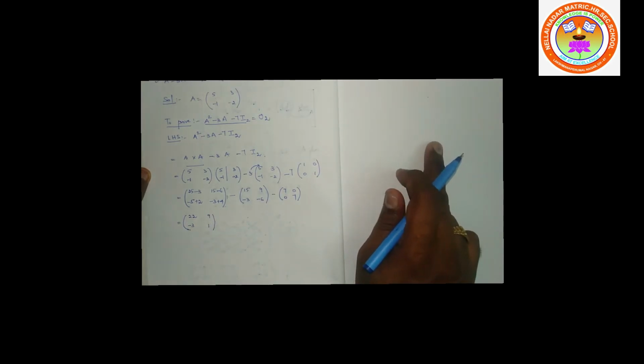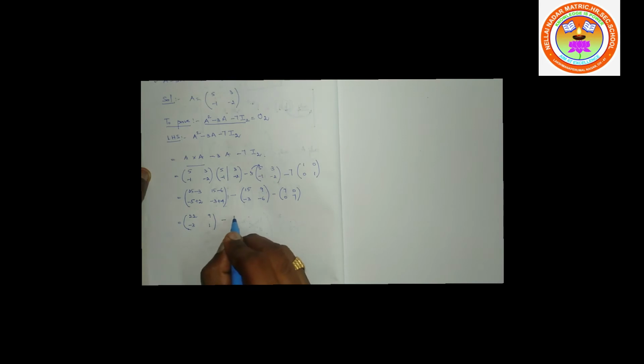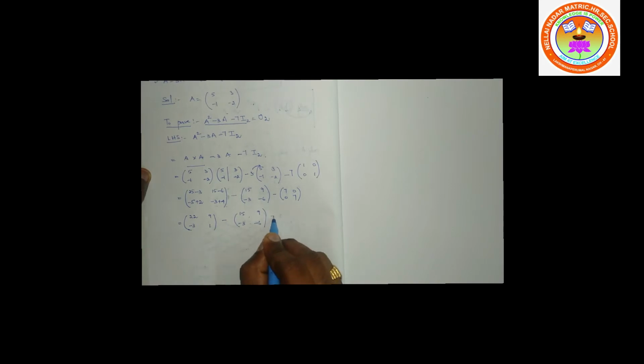Now 25 minus 3 gives 22, 15 minus 6 gives 9, minus 5 plus 2 gives minus 3, minus 3 plus 4 is 1. Next, minus 15, 9, minus 3, minus 6, minus 7, 0, 0, 7.